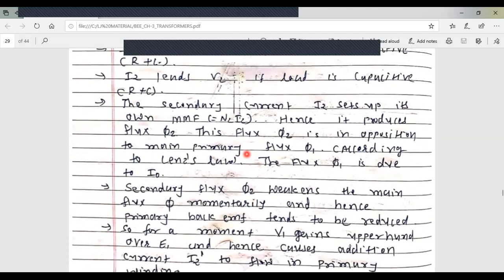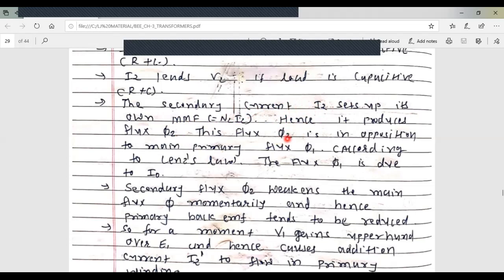So when secondary current I2 is set up, its MMF, which stands for magnetomotive force, is Ni. So for secondary winding, N2I2. When the secondary current sets up its own MMF, it produces flux phi2. So flux phi2 is flux produced in the secondary winding due to that secondary current I2.